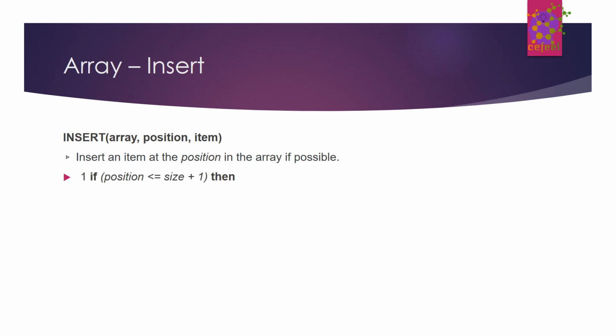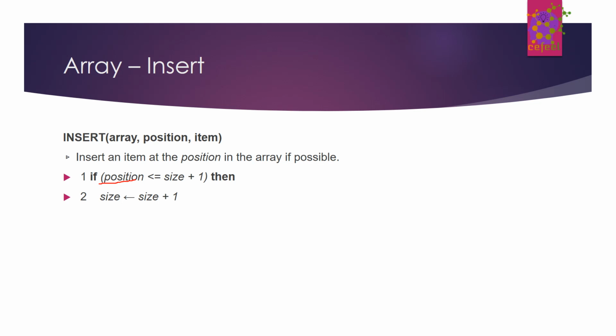Now this also assumes that we have an internal size variable which stores the size of an array. So the first step is to check if the position is valid or not. So first we will check if position is less than size plus 1. We are assuming position is also greater than 0. Then only will we increase the size of the array. Otherwise it doesn't make sense if the position is given a very high number, and we will just return back.